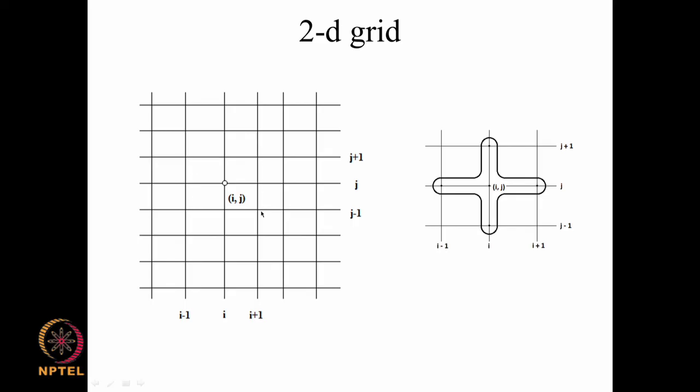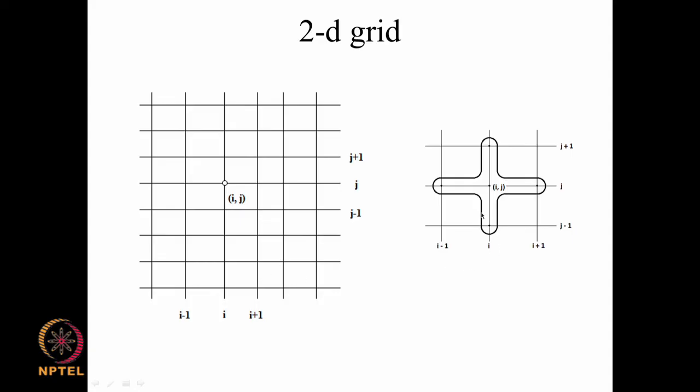So, the 4 corner points are being used to evaluate this function, whereas when we had dou square u by dou x square or dou square u by dou y square, we make use of only these immediate neighbors here, not the corner points.